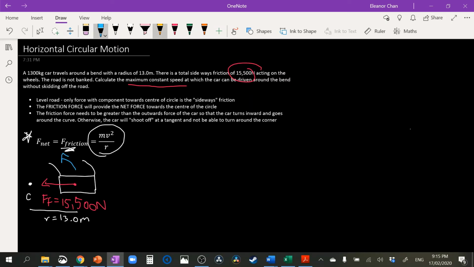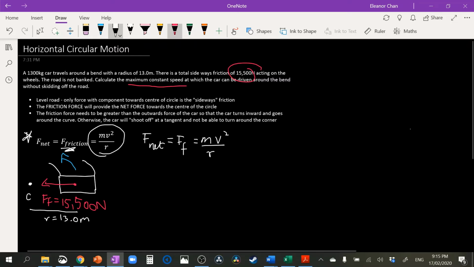So therefore our net centripetal force is the friction force. So F net is equal to the force of friction, is equal to mv squared on r. And we are solving for v squared.